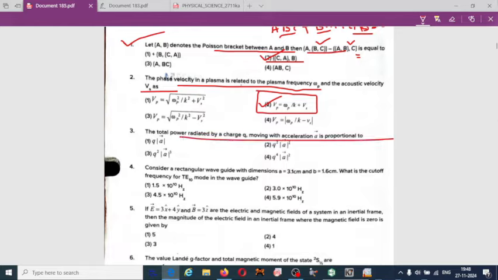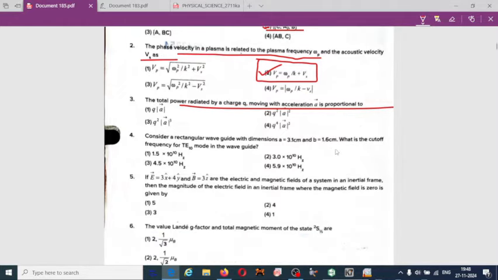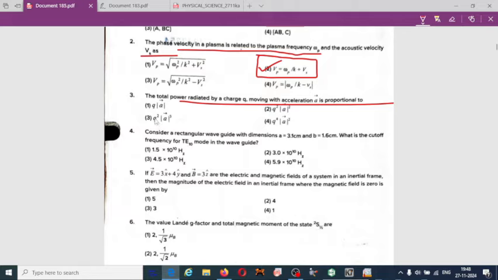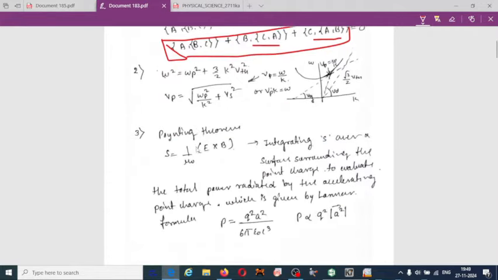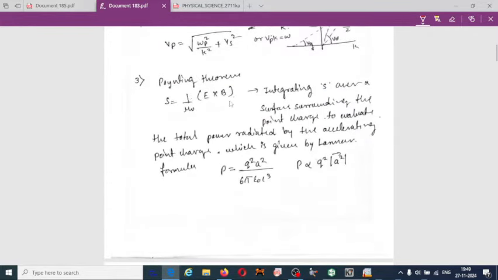The total power radiated by charge q moving with acceleration a is proportional to. For the third question, the answer they have given is option 1. From the theory, the Poynting vector is given by this equation; if we integrate this Poynting vector, we get the total power radiated by the point charge, which is given by this equation.